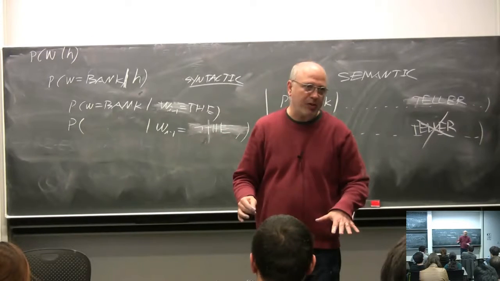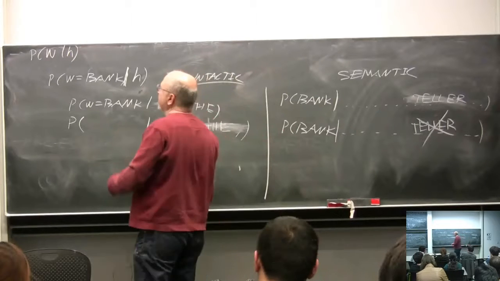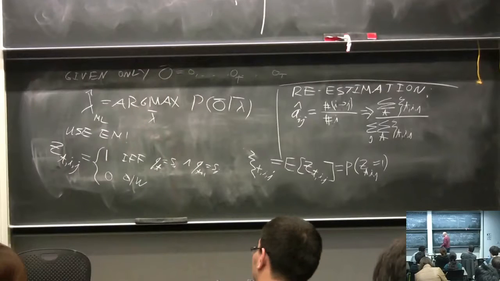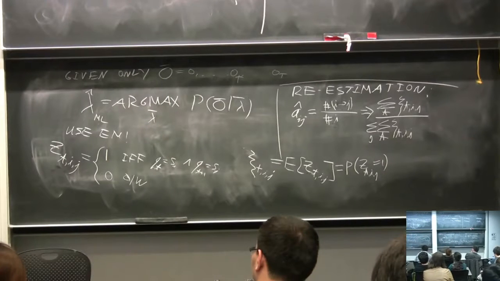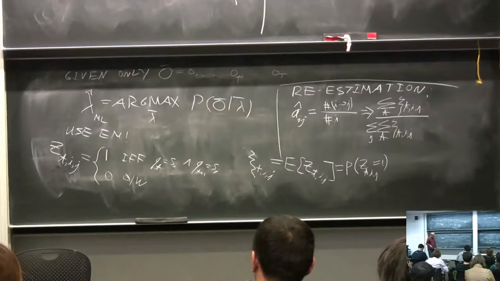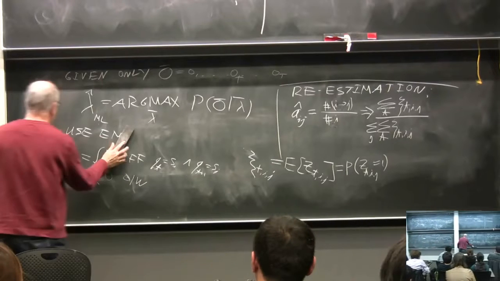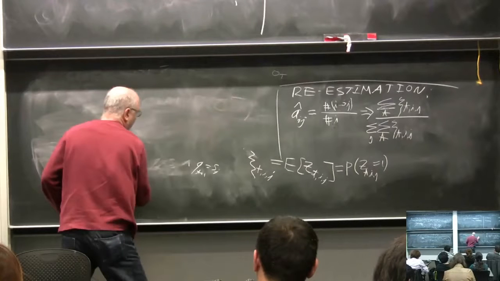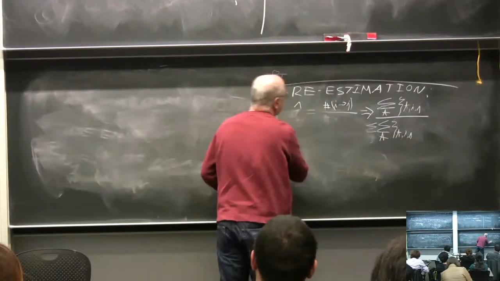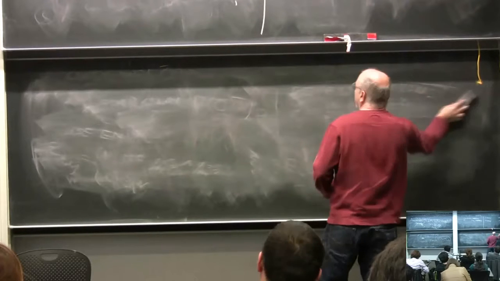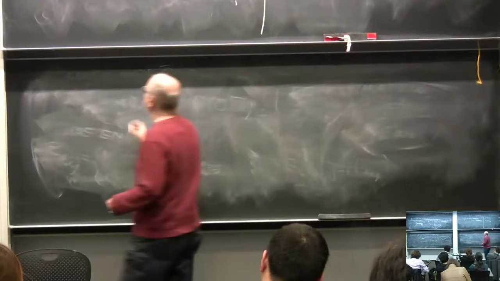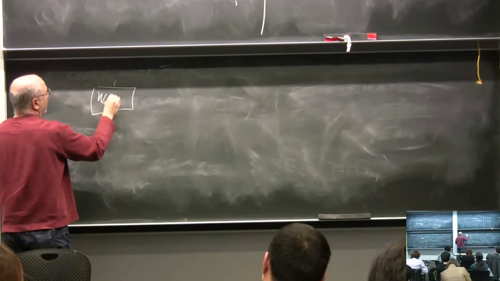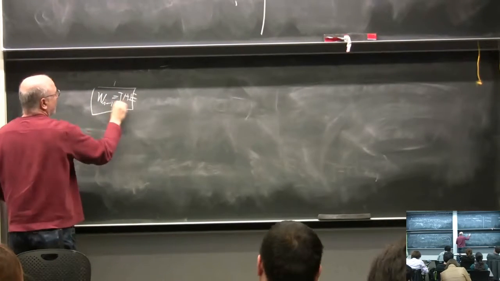In fact, this is what a decision tree does. A decision tree that tries to capture this information will have a simple node that asks, is the last word "the"? A decision tree here would say, is w_{i-1} equal "the"?